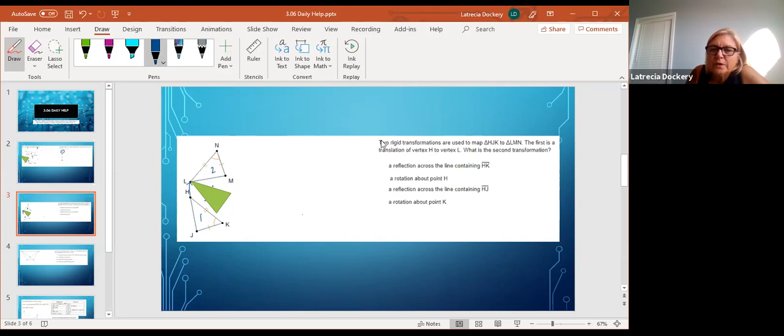It's going to take one of the rotations, and the rotation would be to where we already have this vertex where we've moved from H to L. Now, if we simply rotate around H, that's going to take us onto LMN.